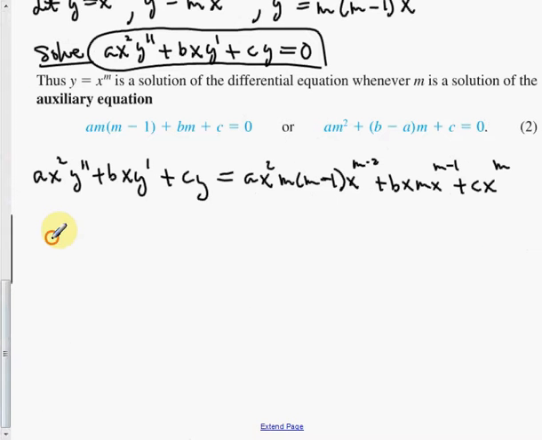We simplify that. Notice that x squared times x to the negative 2 cancels out, and this x to the first cancels out with this x to the negative 1. So we factor out x to the m, and what I have left is a times m minus 1 plus b times m plus c. This is equal to 0.